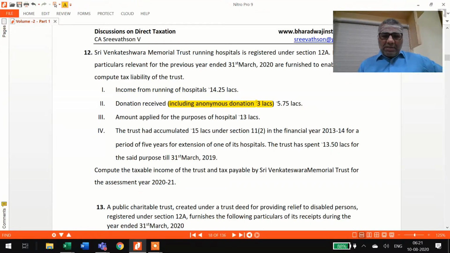The trust has accumulated 15 lakhs in the financial year 13-14 for a period of 5 years. The trust has spent 13.5 lakhs for this till 31st March 19. Compute the taxable income of the trust and the tax payable for the assessment year.